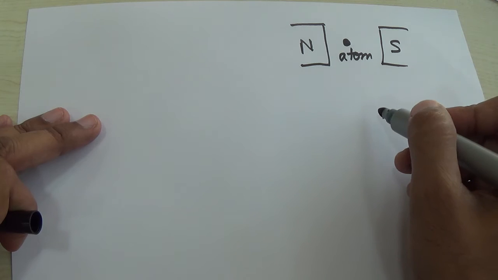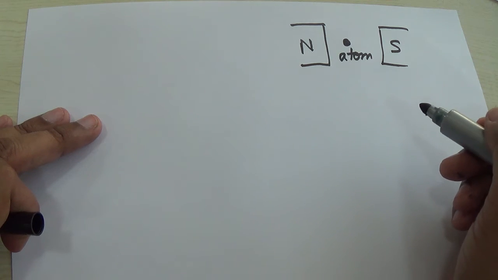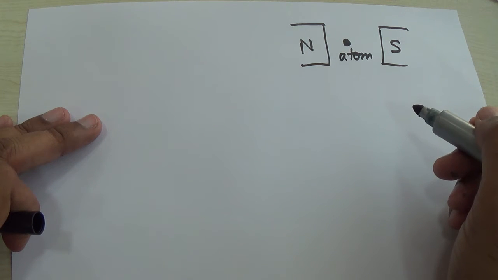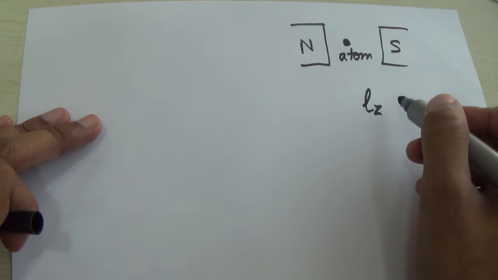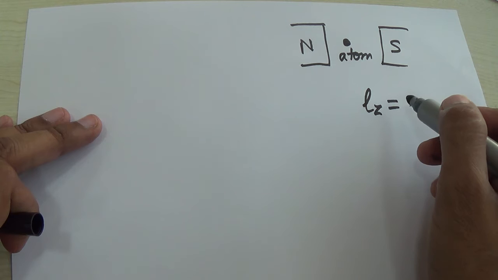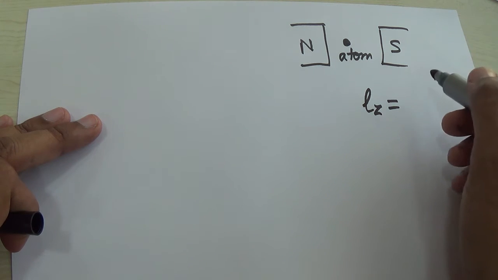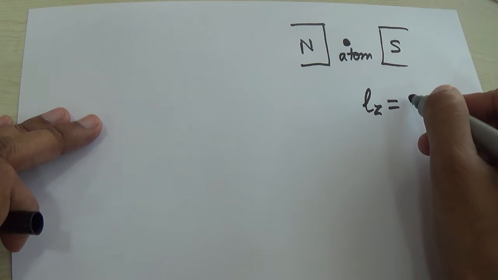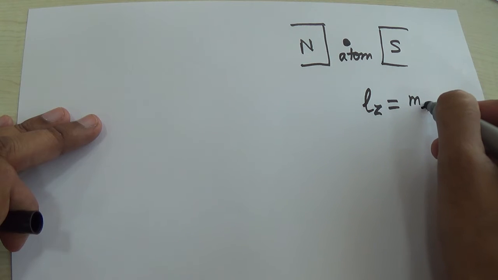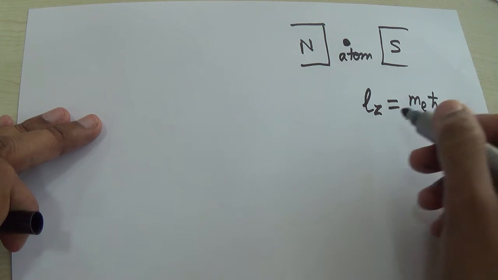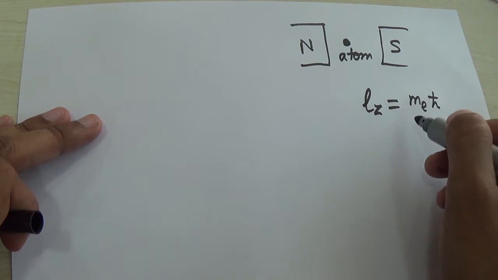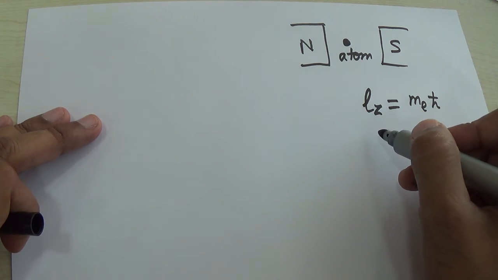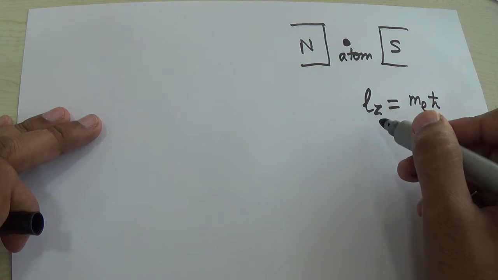Further, we take the projection of that orbital angular momentum on the z axis and define it in terms of Lz, and Lz is a quantized number that is further defined in terms of ml ħ, where ml is the value of this orbital quantum number on the z axis.